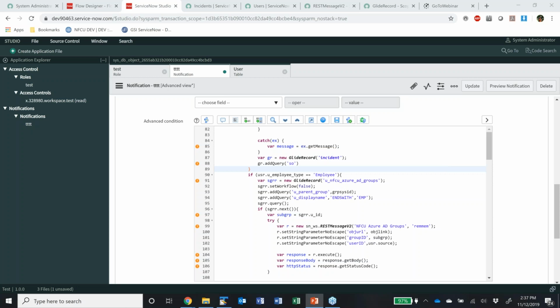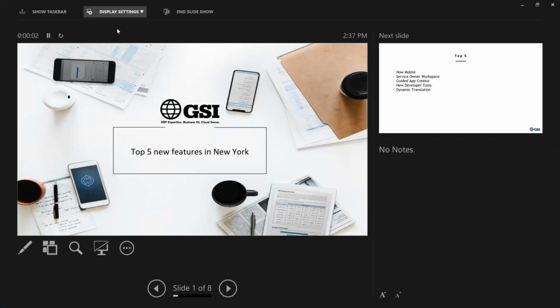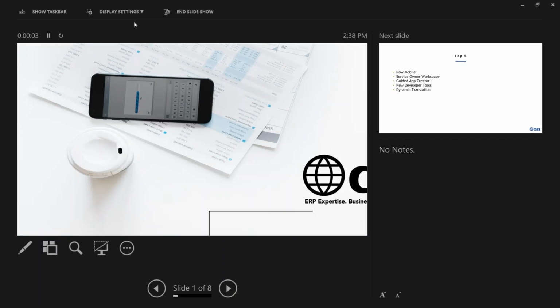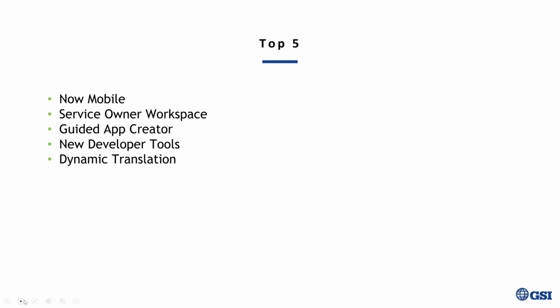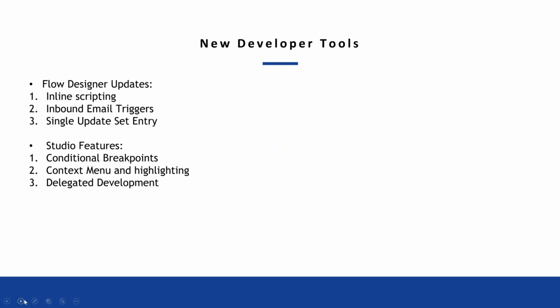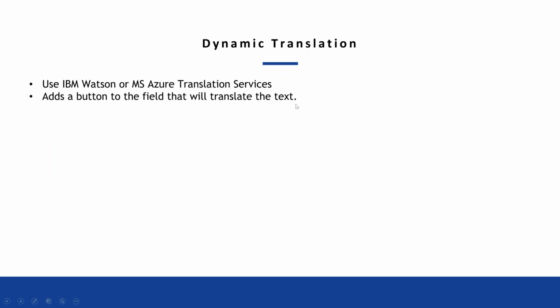Now, let's move on. Well, let's talk about dynamic translation. So I have a whole separate video on this if you guys want to check it out, but on exactly how to set it all up.